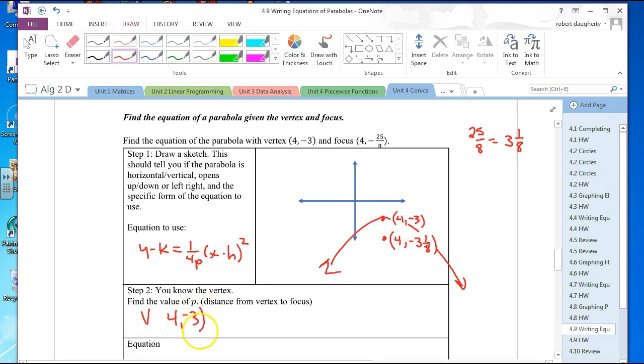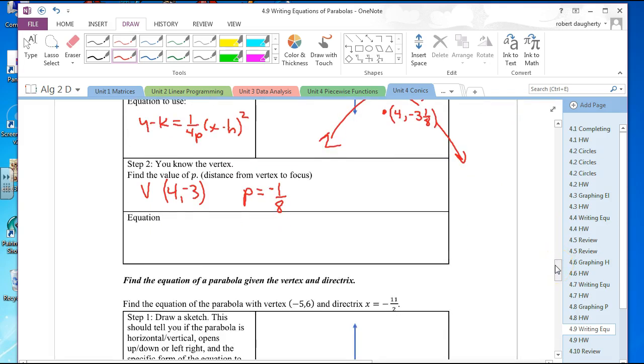All we need is the value of p. What's the value of p? Let's just stick with a fraction. What's the distance from negative 3 to negative 3 1/8? 1/8, okay? Is p going to be positive or negative here? Negative. So p is just negative 1/8, okay? Does everyone see that? So the distance from the vertex to the focus is 1/8. P is negative here.